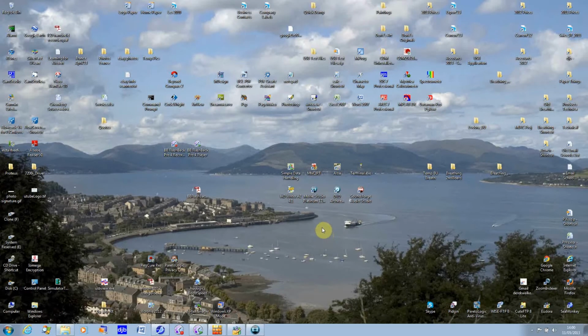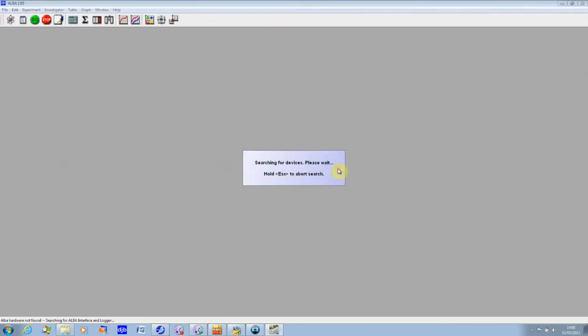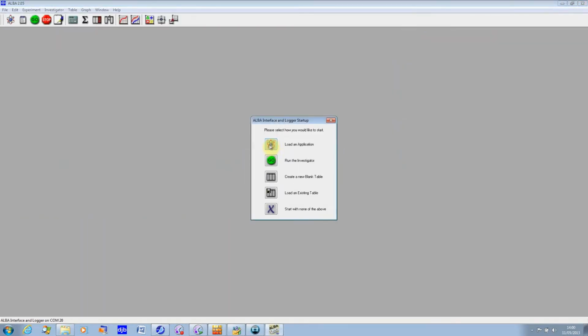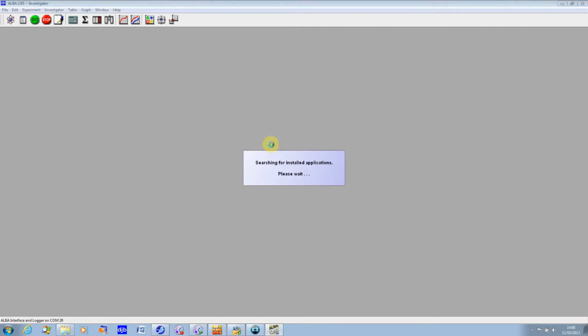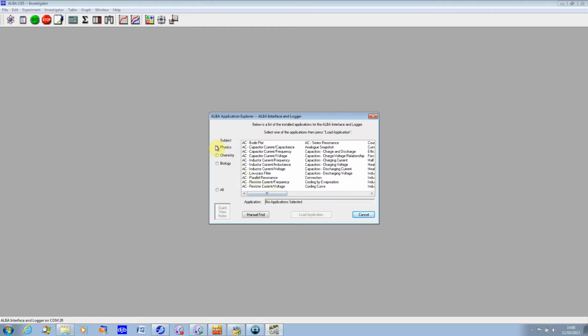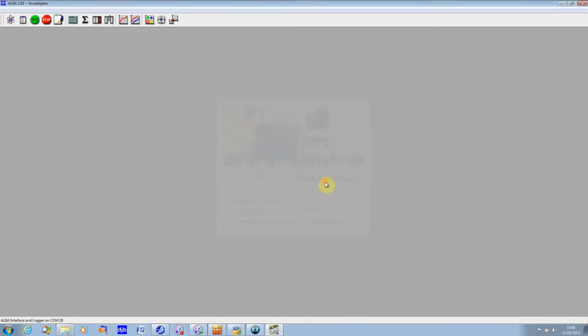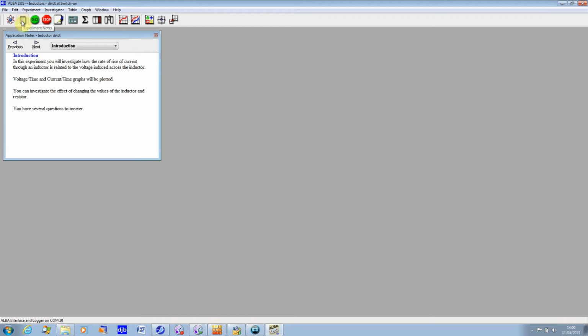Let's launch the Alba software. We're going to load an application, and it's a physics application called Inductors, the dI by dt it switch on. As usual, the information about the investigation is given to us here.